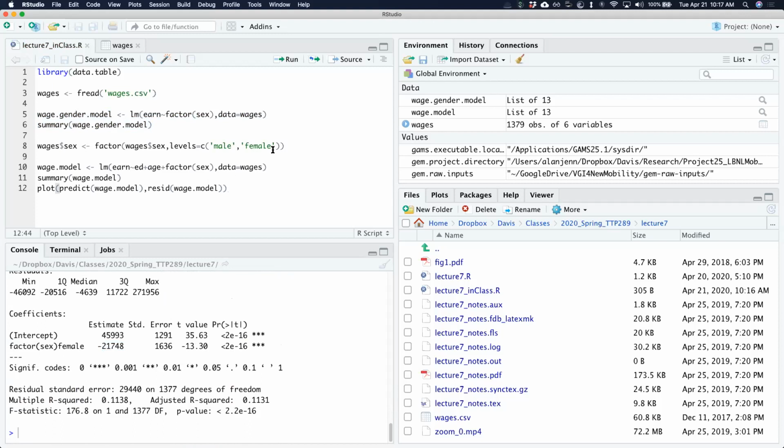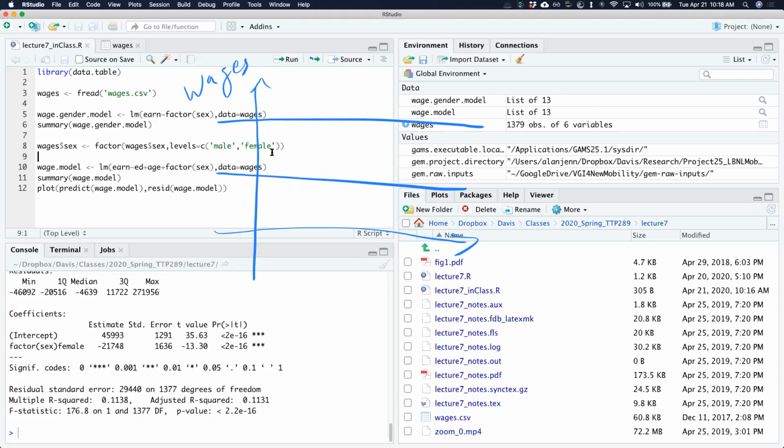One way to, let me see if I can sort of draw this out. So if we think about this qualitatively and what the effect would be, it would essentially look something like this, where for my wages, and I have some spread of data, essentially you would have a flat line for male and for female.